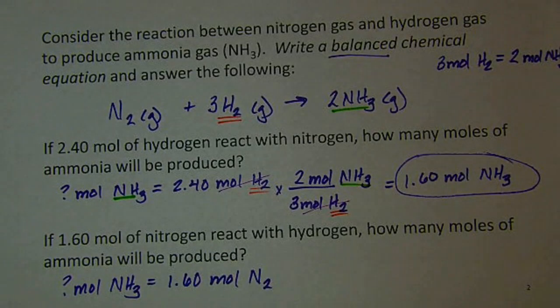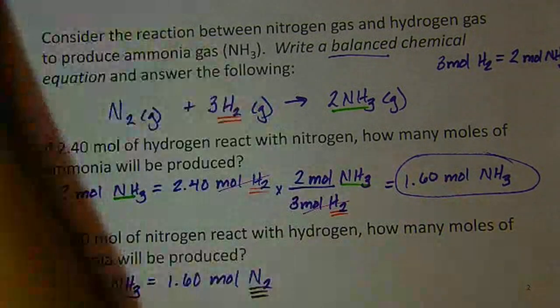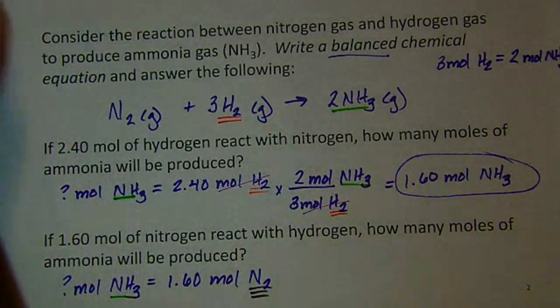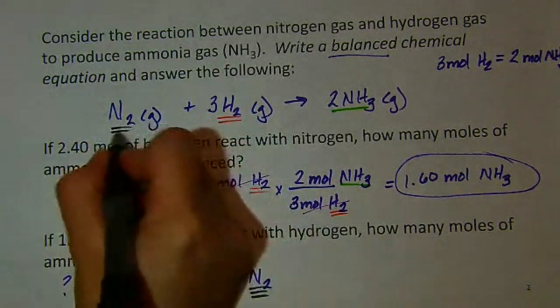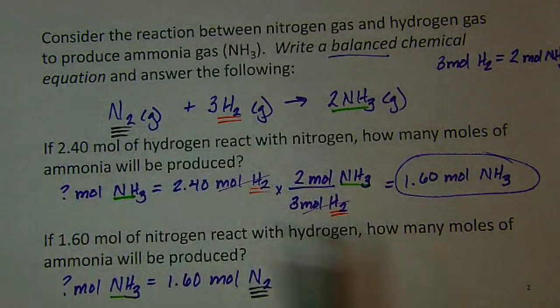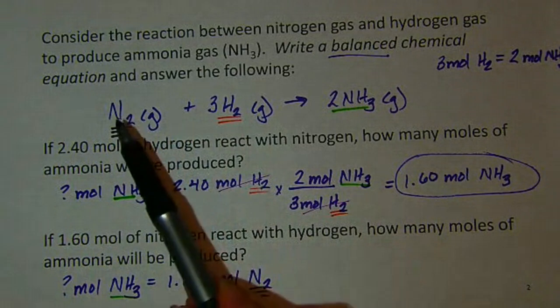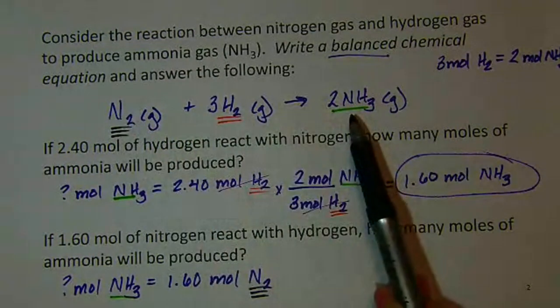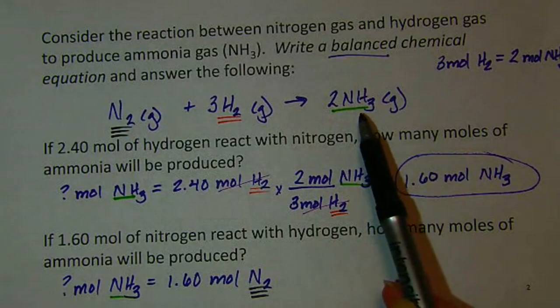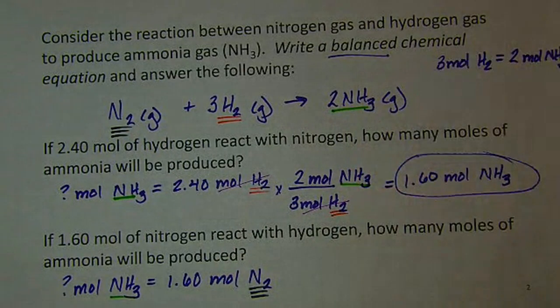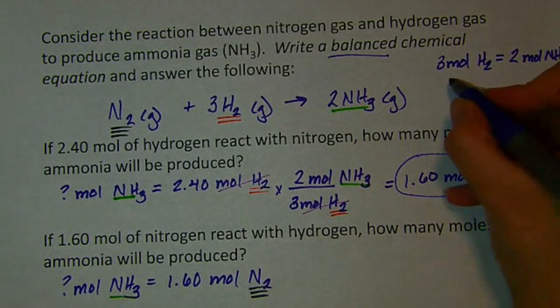So let's establish a relationship between my nitrogen and my ammonia. My balanced chemical equation tells me that for every 1 mole of nitrogen that reacts, that's going to produce 2 moles of ammonia. So let's write that as an equivalence over here.